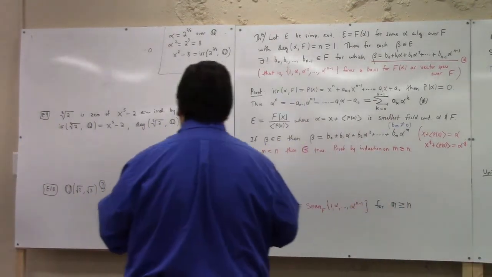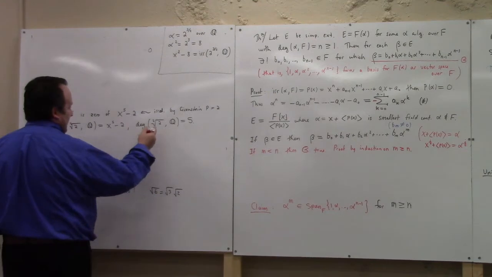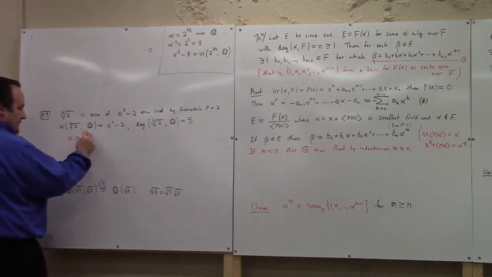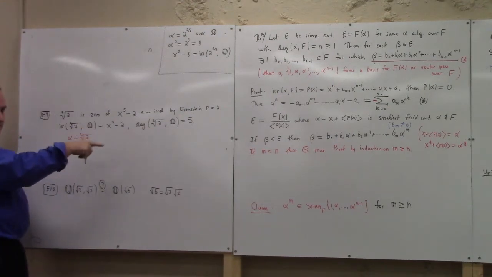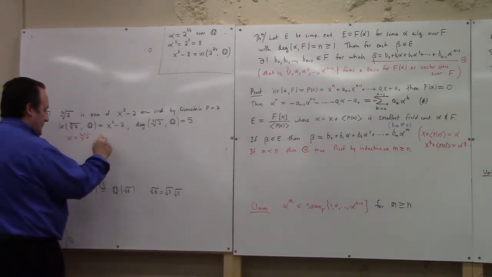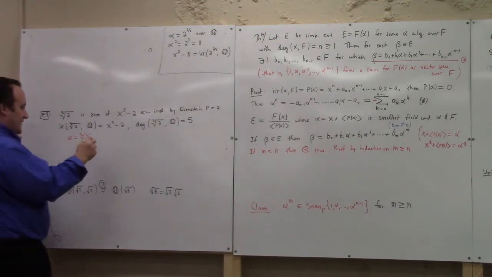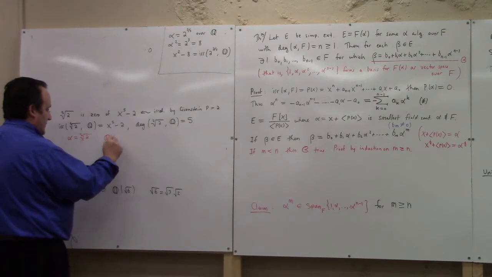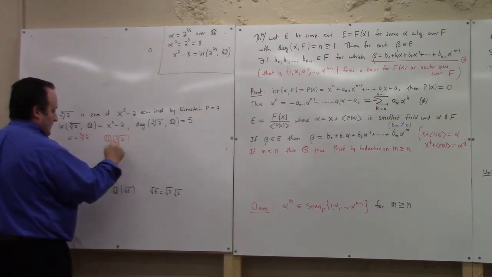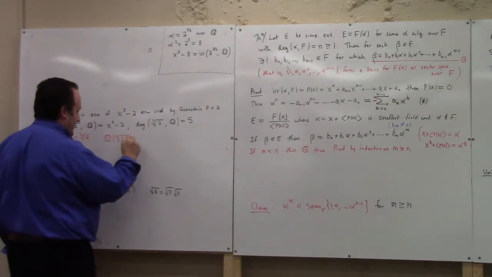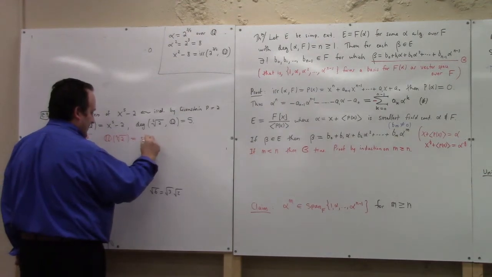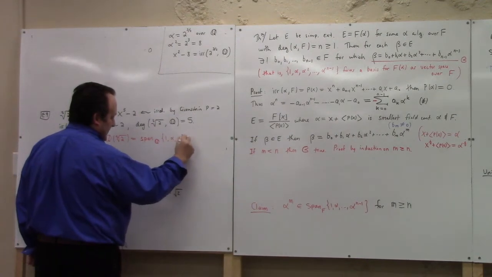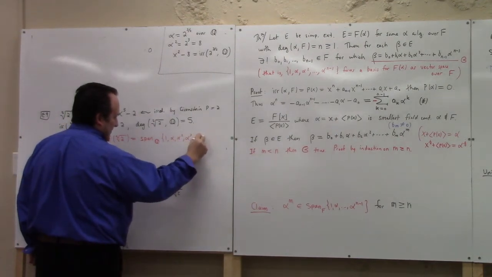So this one here, my alpha is the fifth root of 2, which has degree 5, right? So the theorem we just proved would say that Q adjoin the fifth root of 2 is a simple extension, and it is exactly the Q span of 1, alpha, alpha squared, alpha cubed, alpha to the 4th.